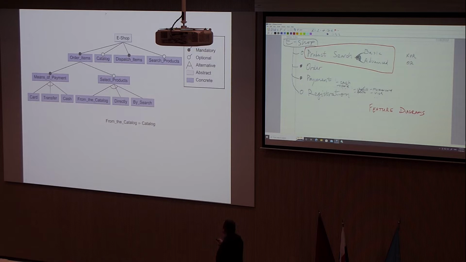Nevertheless, when we look at this rule, if I choose this feature from the catalog, I need to have a catalog present. So suddenly this catalog feature becomes a required one because it's required by this one.